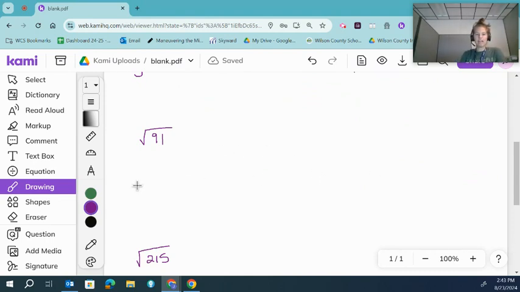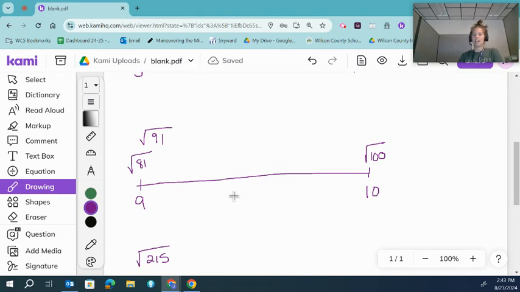The square root of 91 falls between 9 and 10 on my number line. Square root of 100 is 10, square root of 81 is 9. It's going to be about here on my number line. Approximately it's between 9 and 10, so 9 is my whole number.